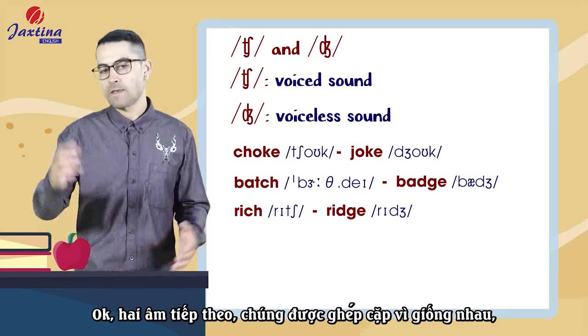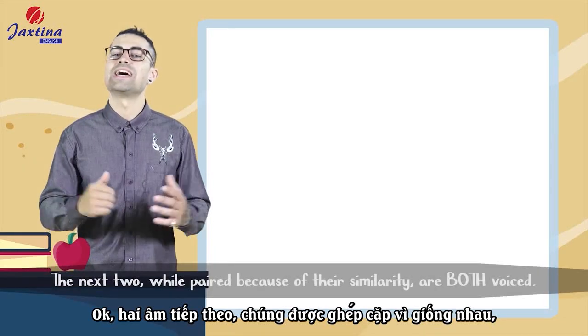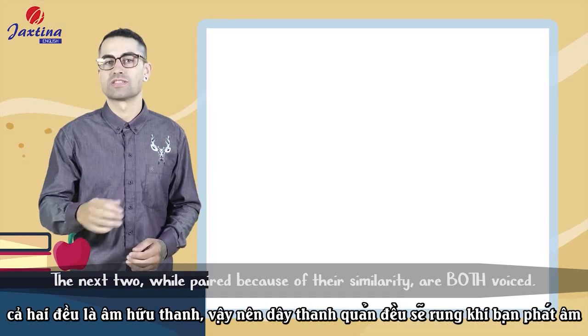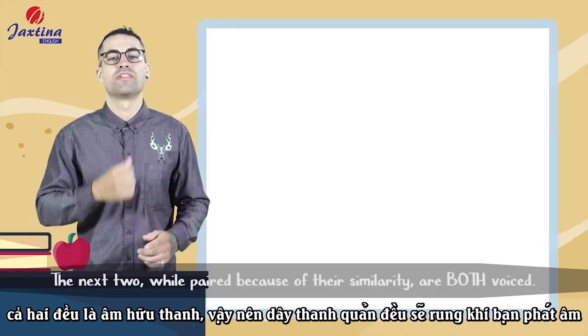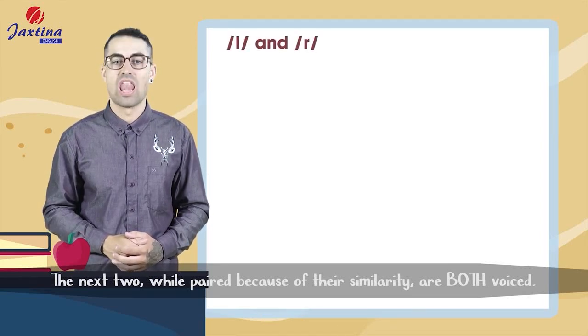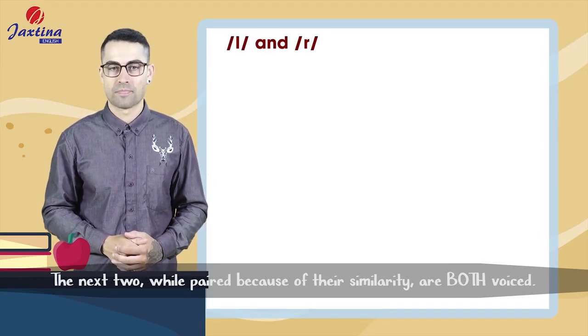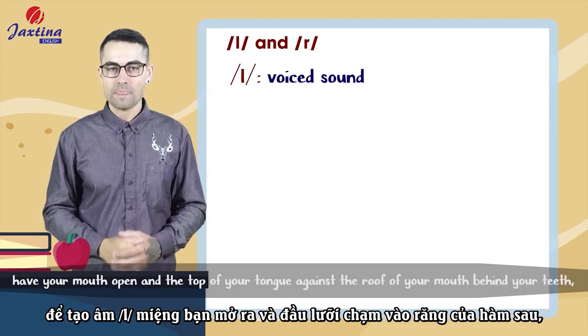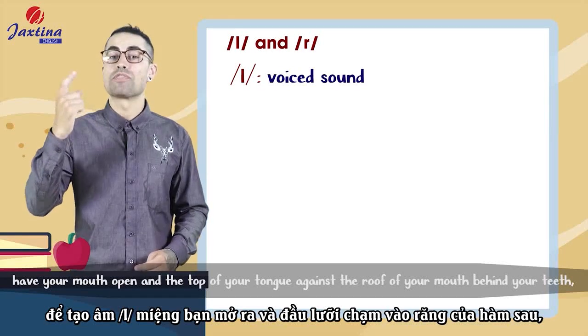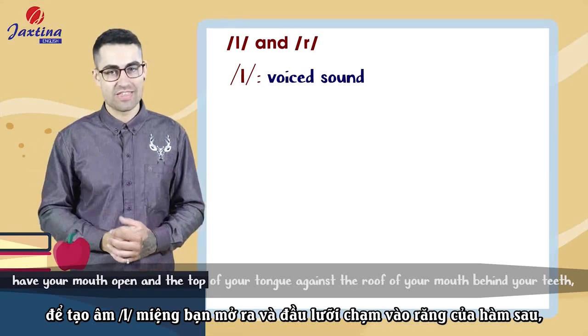Okay, so the next two, while they are paired because of their similarity, they are both voiced. So expect vibration from both of these. They are la and ra. Okay, to make la, have your mouth open and the top of your tongue against the roof of your mouth behind your teeth.